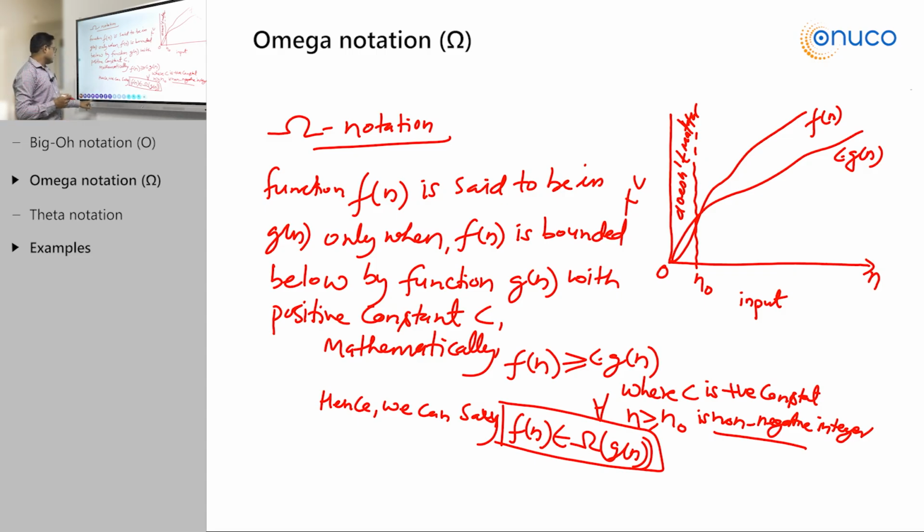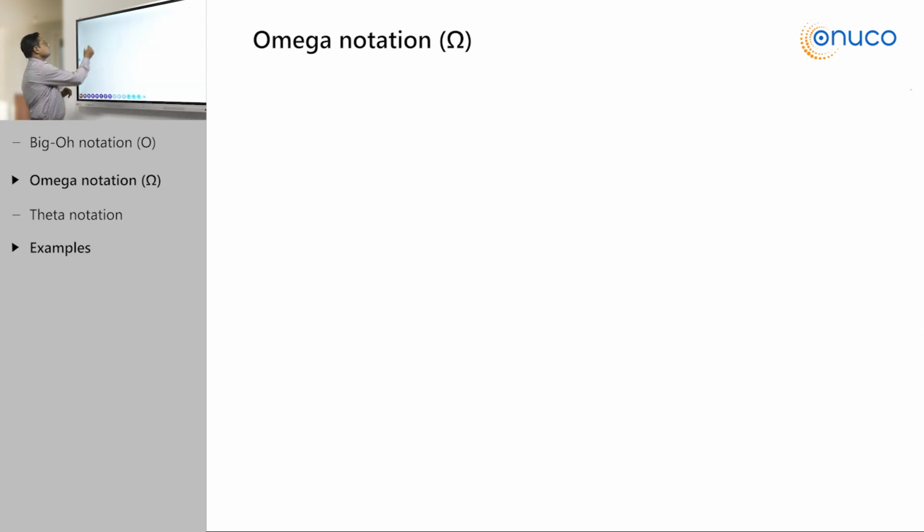Now, to take some example to discuss omega notations, say f of n is 2n square plus 3.